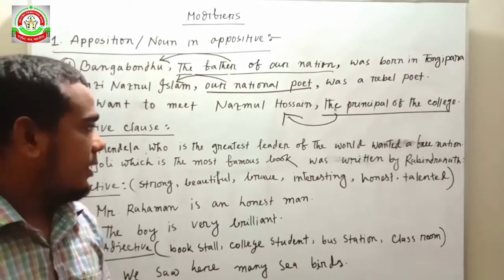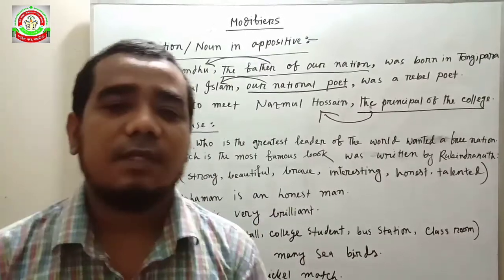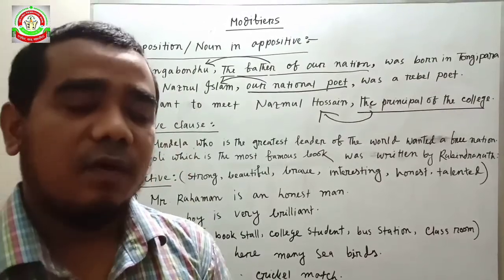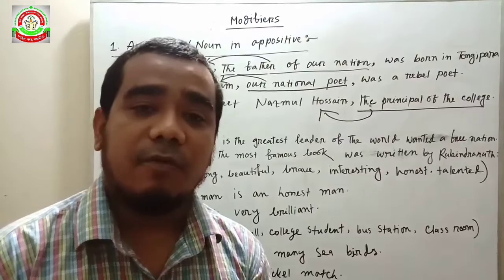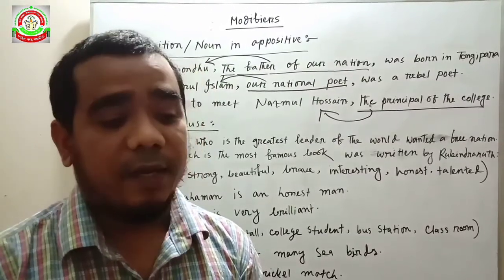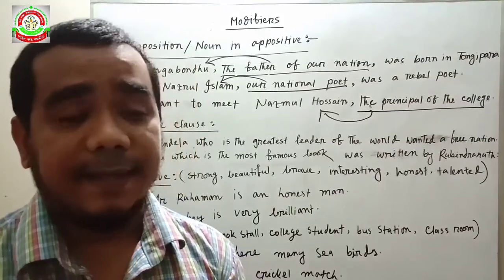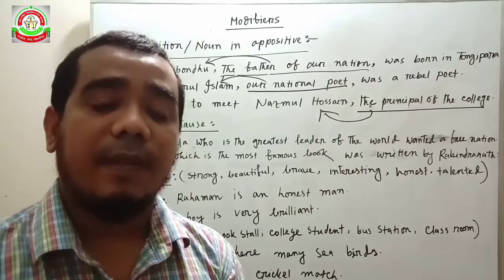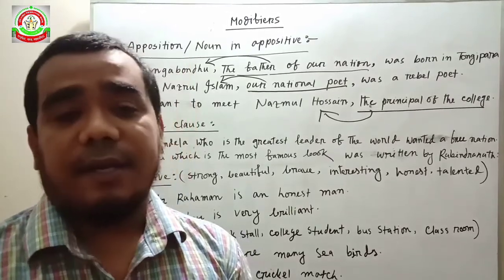Dear students, next, relative clause. A relative clause is one kind of clause. What is a clause? A clause is a part of a sentence, and a relative clause means when a relative pronoun makes a clause in a sentence, actually in a complex sentence, it is called a relative clause.